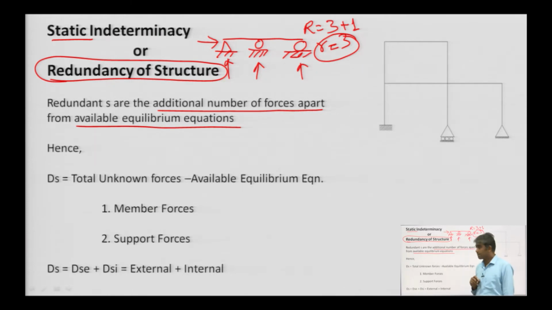Therefore, if I write static indeterminacy as ds, the degree of static indeterminacy, it is the total unknown forces, which for this beam is 4, minus the available equilibrium equations.